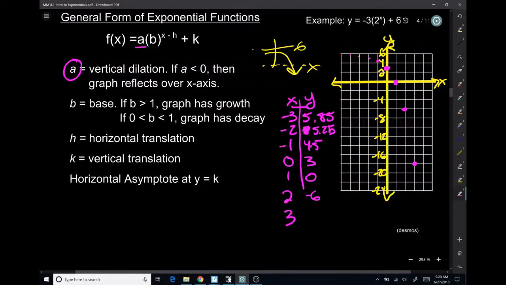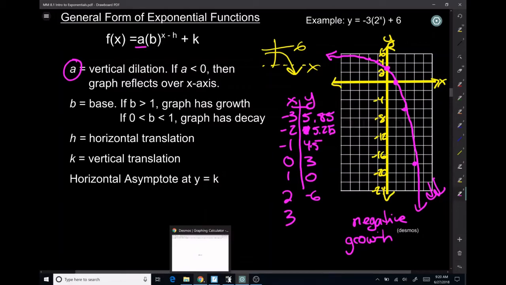It doesn't actually matter that much because the point is we just keep getting closer and closer to 6 without touching it. This is what I call negative growth. Growth means it's going away from the asymptote. As you go to the right, it zooms away from the asymptote, but in this case it's going down, so it's negative growth.